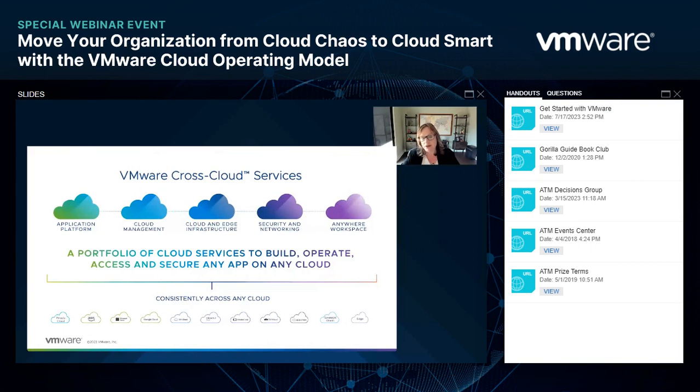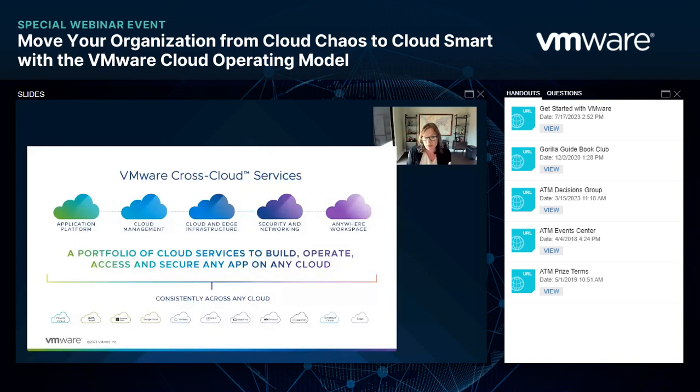Some of these are us bringing together existing capabilities and solutions under a consistent umbrella with tighter integrations and more consistent operating methods. And some of these are new capabilities that we're also building across these different areas.